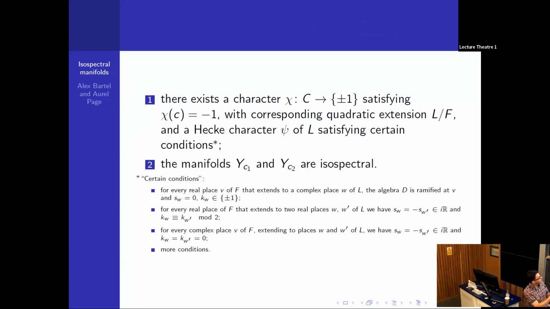So, if the manifolds are representation equivalent, then they are a fortiori isospectral. It's harder to obstruct isospectrality than it is to obstruct representation equivalence. And so there is the hierarchy of these conditions.